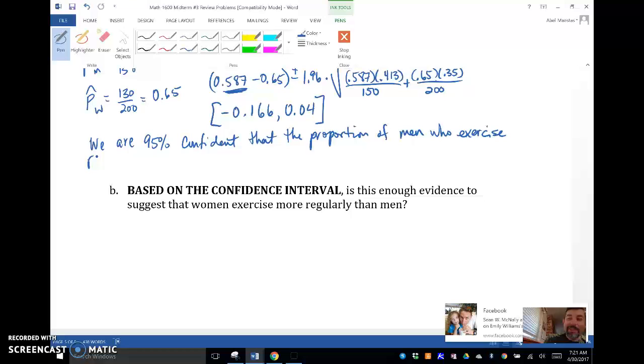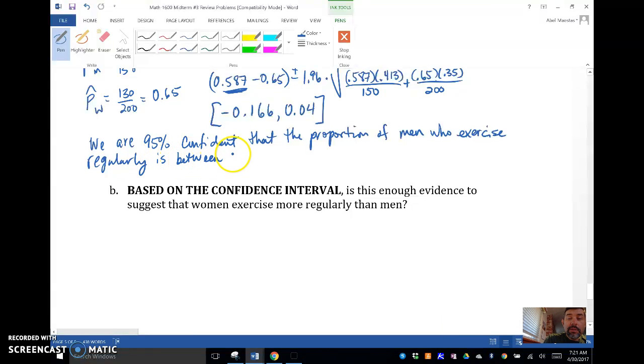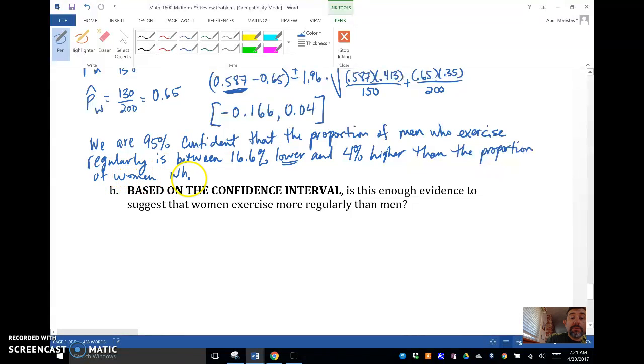We are 95% confident the proportion of men who exercise regularly is between 16.6% lower because it's negative, and 4% higher because it's positive than the proportion of women who exercise regularly.